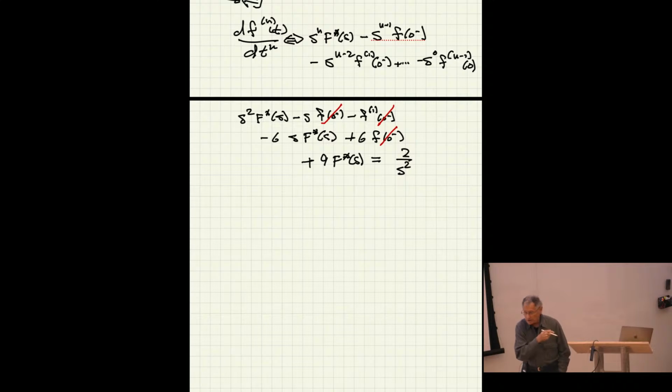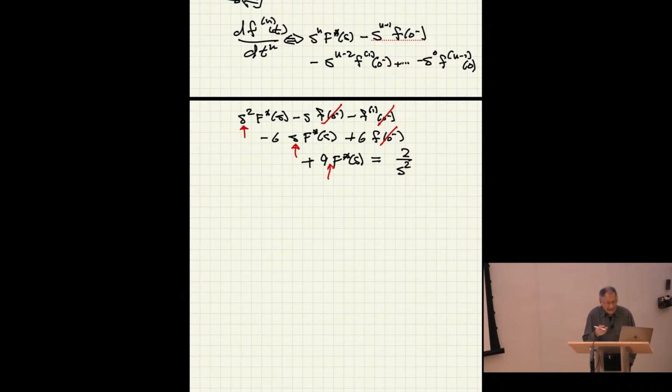That's what this is doing, but all in one step. I'm matching basically the s powers with how many differentials I get. So no differentials, I get 1 times this. 1 differential, I get an s. 2 differentials, I get s squared, etc. That was matching the terms.